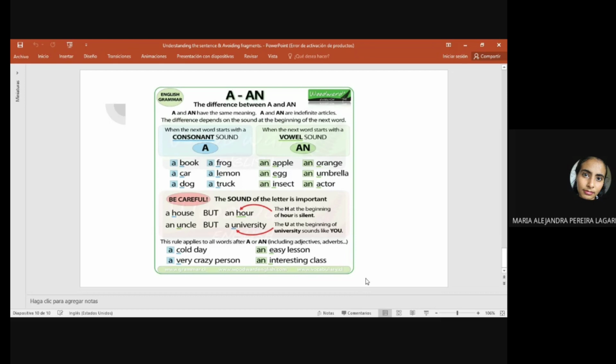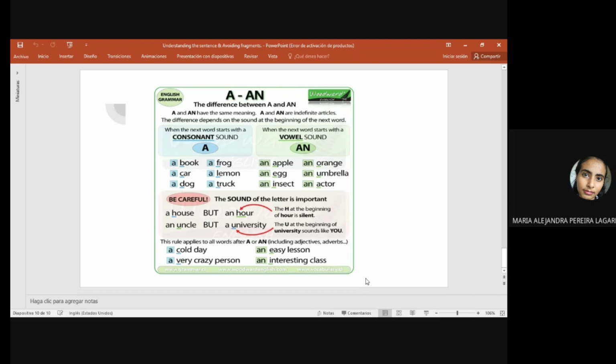Be careful, please. The sound of the letter is important. A house, an uncle, but an hour: the H at the beginning of hour is silent. A university: the U at the beginning of university sounds like you.